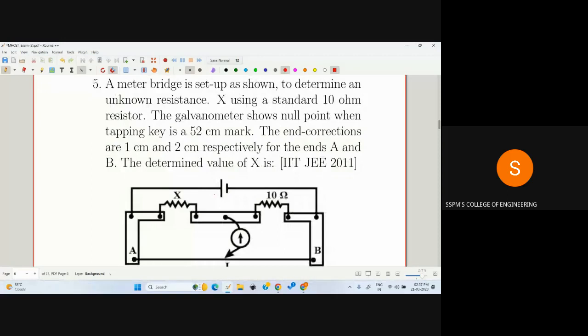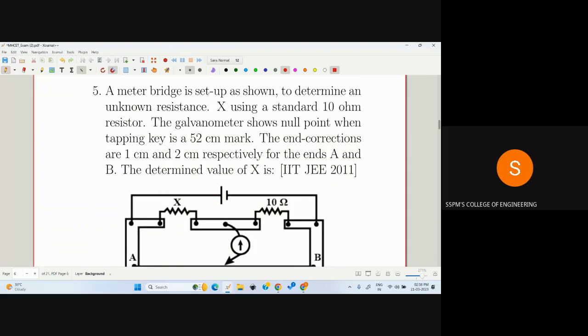The sixth example is given. It is based on the meter bridge. You read out. A meter bridge is set up as shown in the figure to determine an unknown resistance X. The unknown resistance X is connected at the left hand side and the 10 ohm resistance is connected at the right hand side.